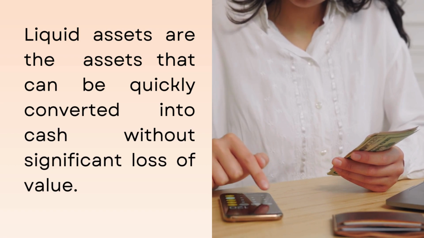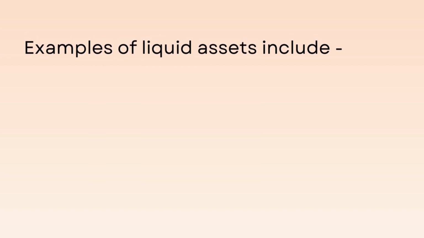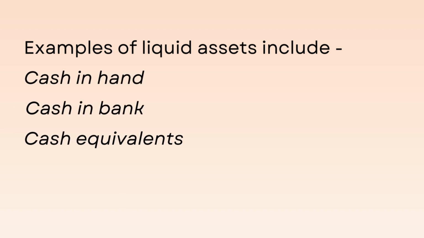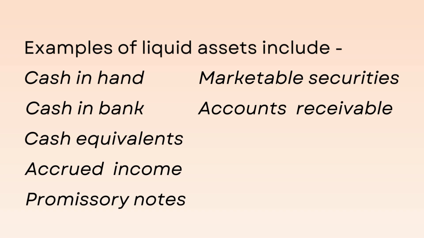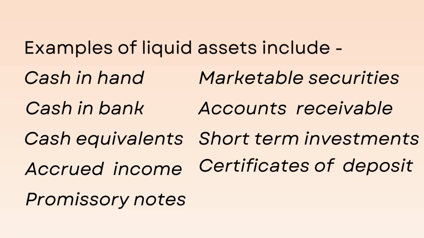They are essential for maintaining short-term financial flexibility and meeting immediate obligations. Examples of liquid assets include cash in hand, cash in bank, cash equivalents, accrued income, promissory notes, marketable securities, accounts receivable, short-term investments, certificates of deposits, etc.